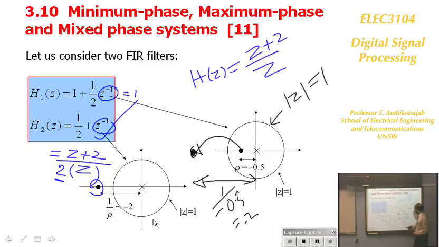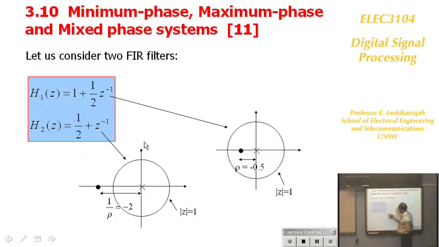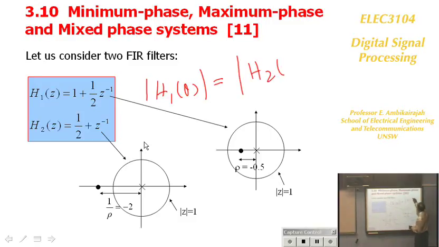But having said all of that, if you now go and do the transfer function for this, get the magnitude response, H1 theta, which you know how to do, and then find mod H2 theta, you will show these two have the same magnitude response.